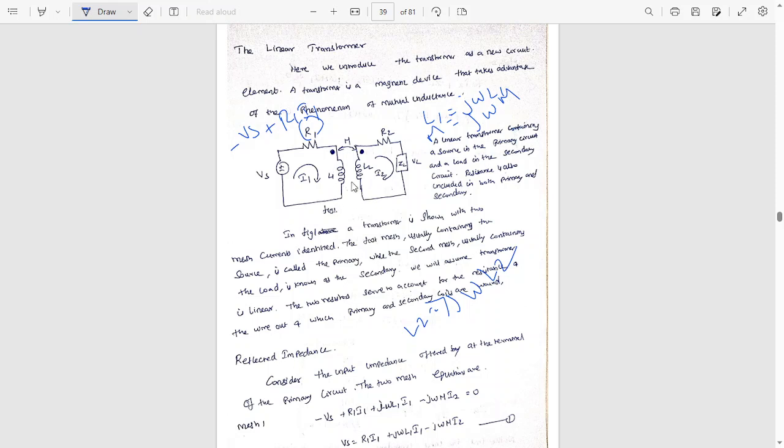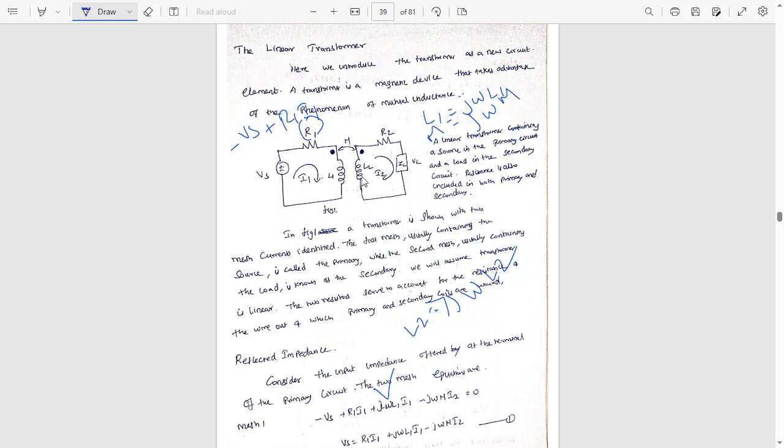In the case of inductance we have two types of voltage across it. One is the self-induced voltage, that will be j omega L1 times I1. There is another voltage due to the current I2 flowing through L2.